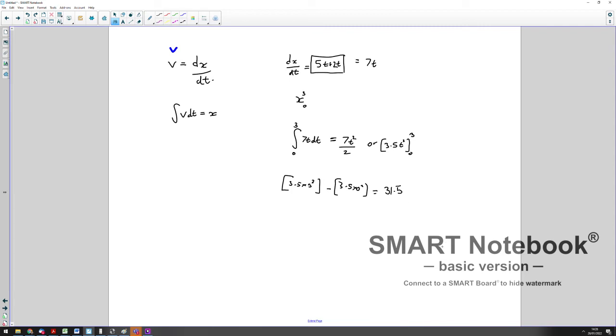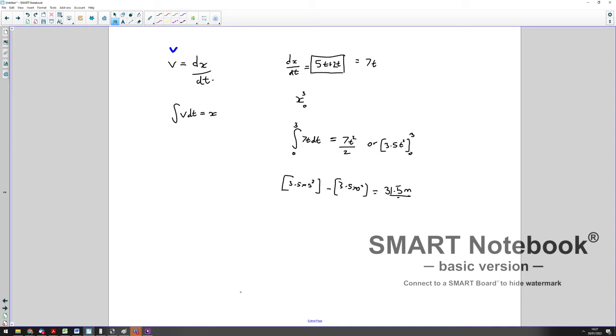And we're after the displacement over the first 3 seconds, so it moves 31.5 meters in the first 3 seconds of its motion. Should have been slightly trickier than that because there was supposed to be a squared in there as well. But yeah, that's as easy as it gets.